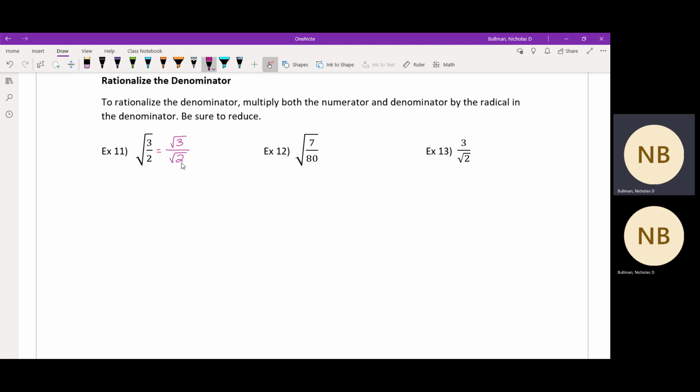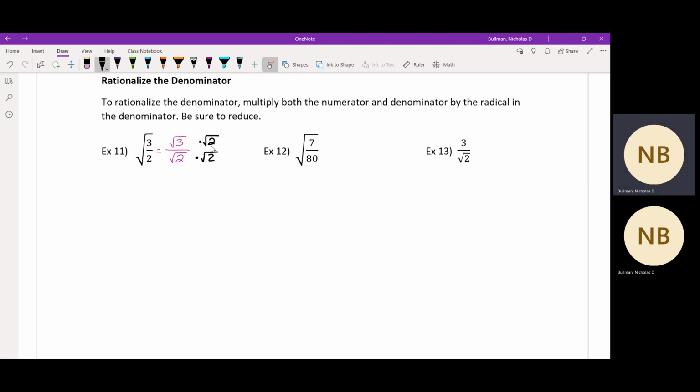So if we are not allowed to have a square root in the denominator, we have to get it out. In order to get the square root out of the denominator, you're going to multiply the numerator and the denominator, the top and bottom, by the square root that is in the bottom. So in my denominator is the square root of 2, so I'm going to multiply top and bottom by the square root of 2.